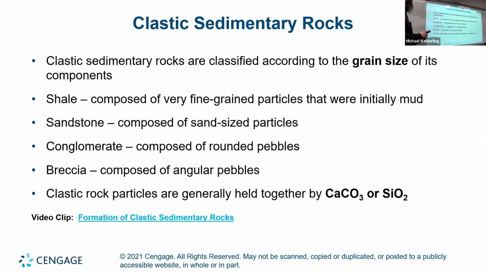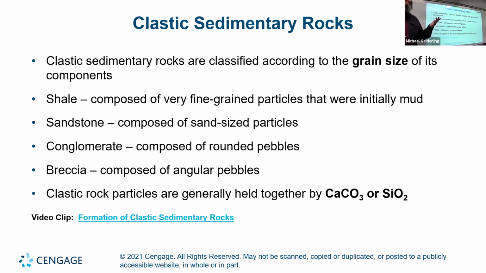So clastic sedimentary rocks are classified according to the grain size of their components. If the grains are really tiny and you started with mud, you get something like shale or mudstone. So very fine grained particles that were initially mud. Sandstone is composed of sand-sized particles.